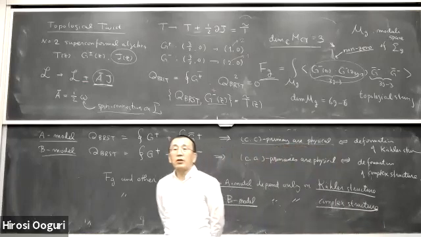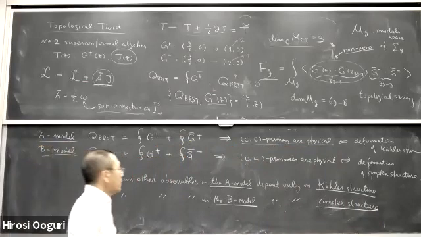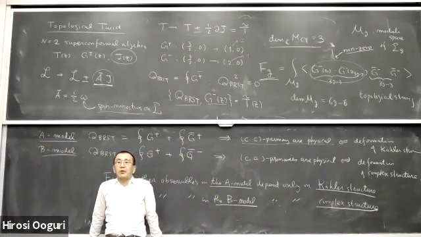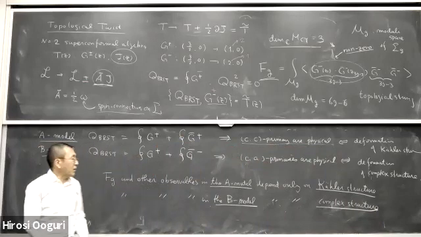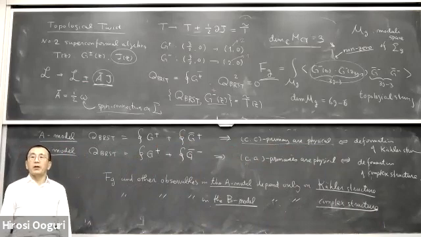Okay. So this helps us enormously because, for example, if you are interested in calculating a B model quantity, then we know a priori that whatever you calculate in the B model depends only on the complex moduli, so it's independent of Kähler structure.